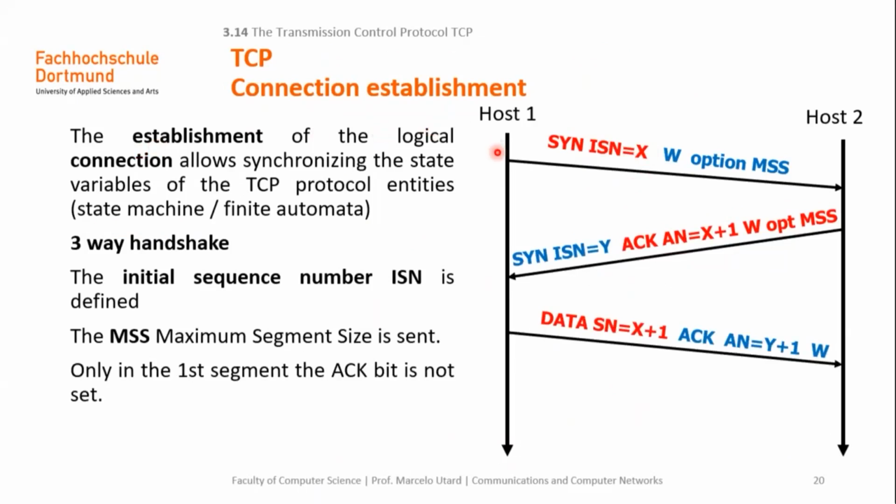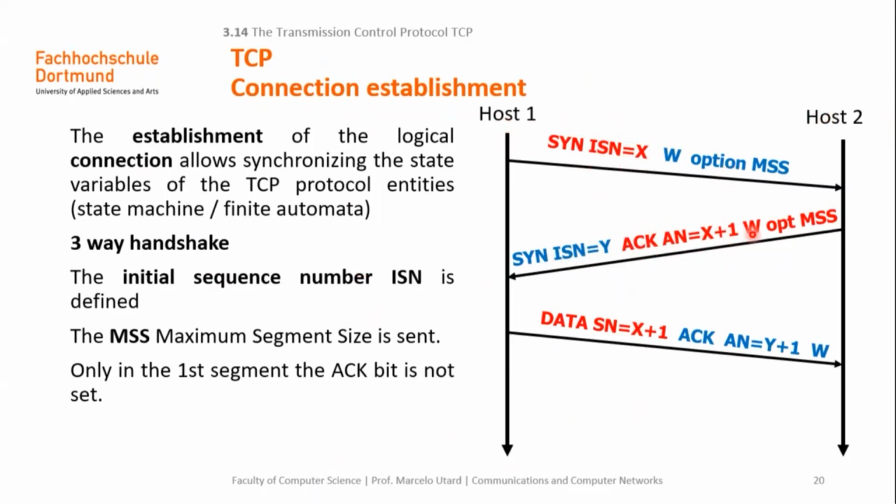This is the three-way handshake. The initial sequence number is defined. Remember, in the flow from host 1 to host 2, this is the initial sequence number, and in the flow from host 2 to host 1, this is the initial sequence number. And this, in fact, is the acknowledged bit. This is the acknowledged number. We are acknowledging this segment.